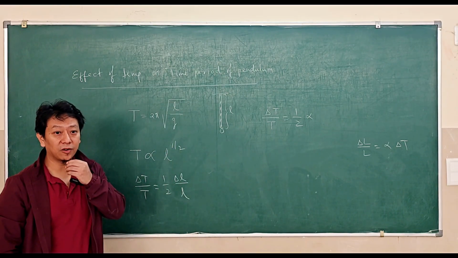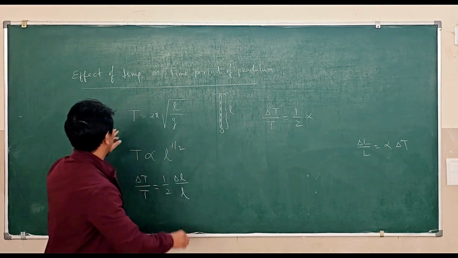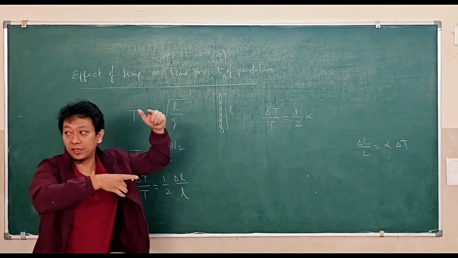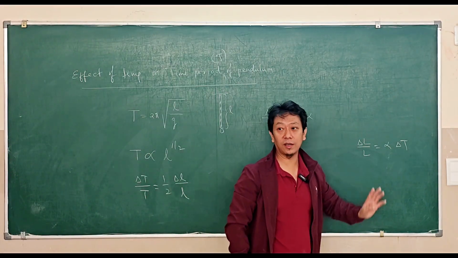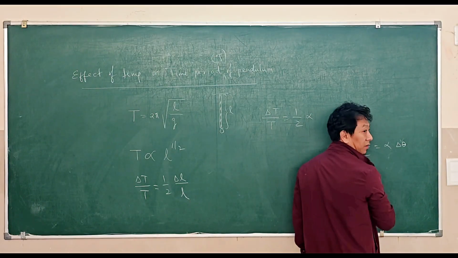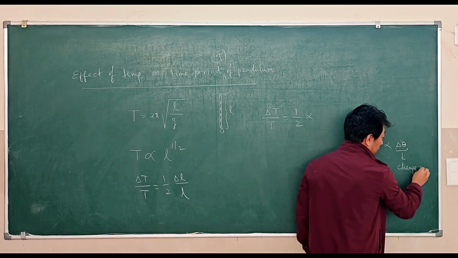This T is what? Time period, time taken for one oscillation. This T is temperature. You will get completely confused. That's why in this topic we are going to write temperature as theta. So what is this? Change in temperature.